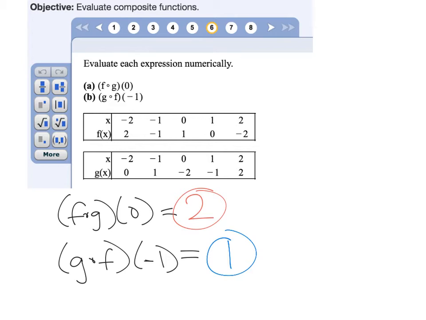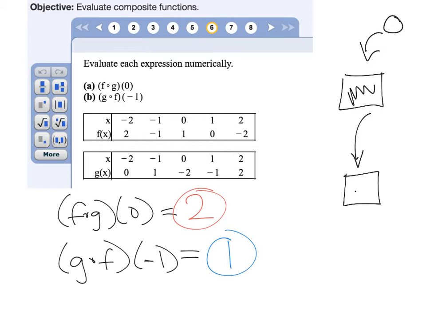Basically, think of a coin being dropped into a machine, and that coin does something to the machine, and then the machine puts out something, which goes into another machine, and then eventually you get a soda or a candy bar.